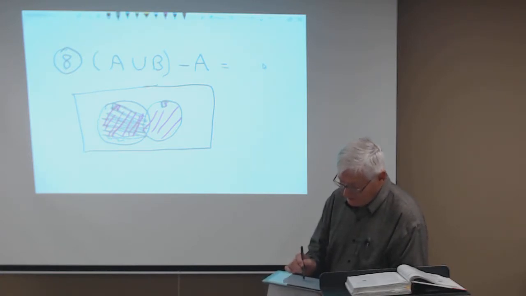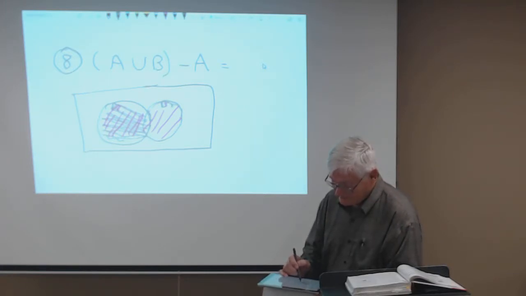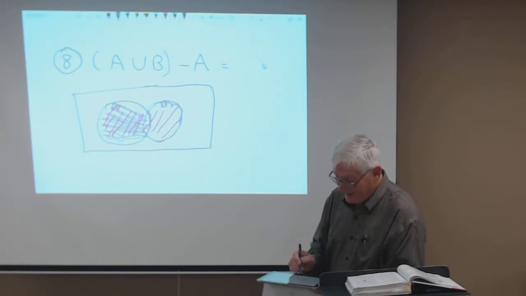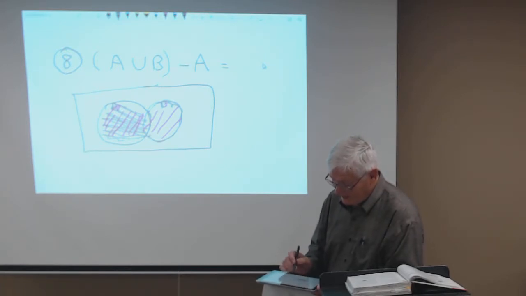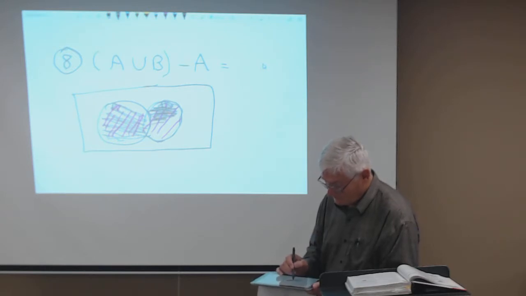All of B or just this part of B here, with that little slice out of it? You see that? Because I'm subtracting A, so I have this with A taken away, so that means I shade in all of this and leave that little spot right there open.